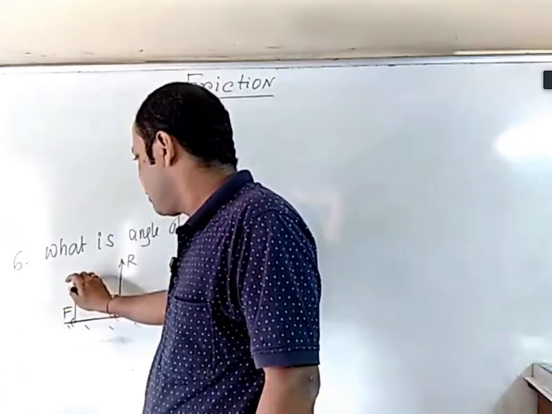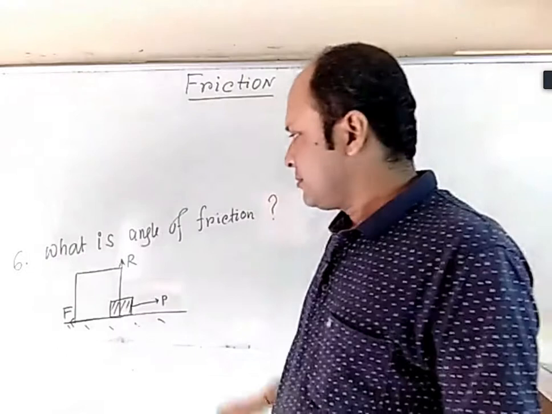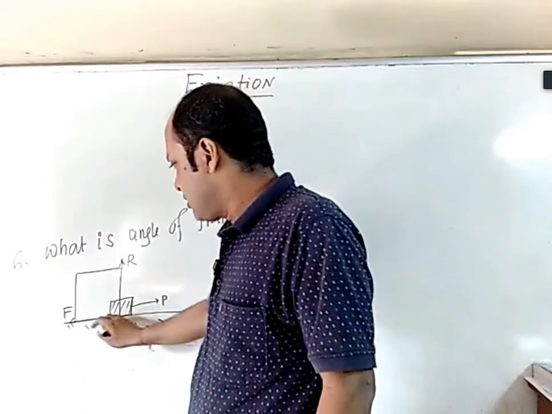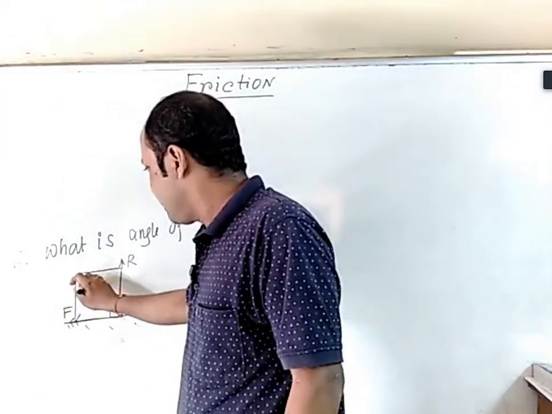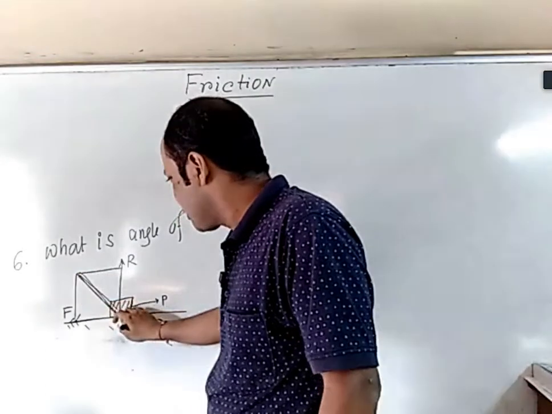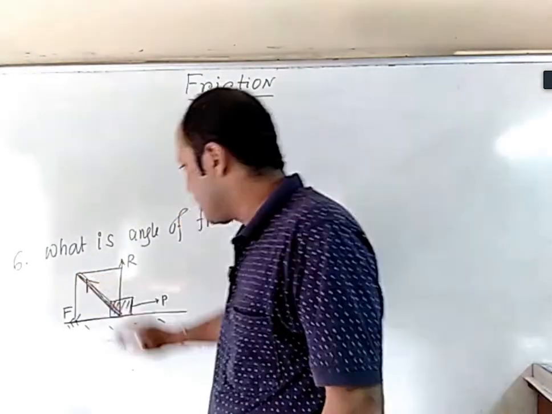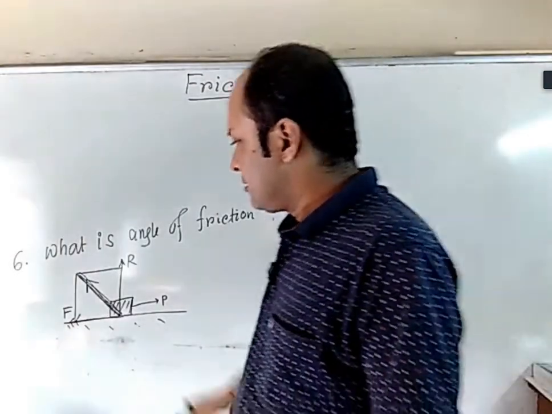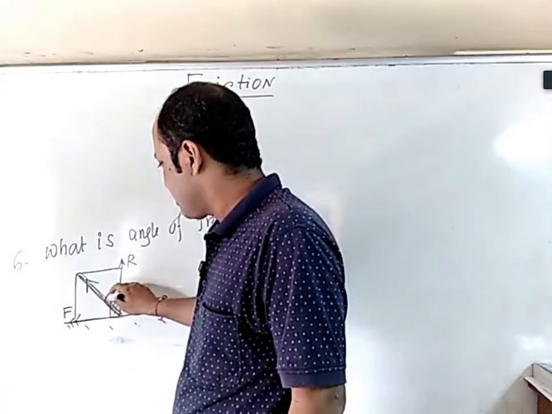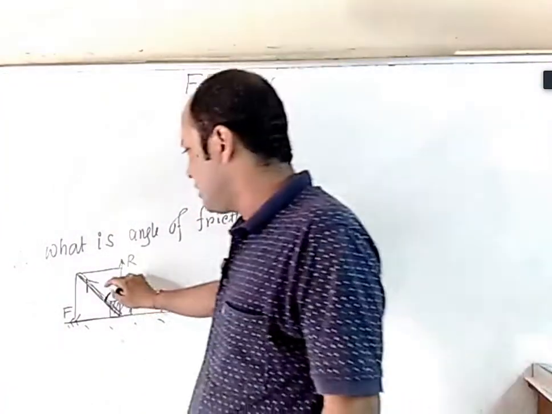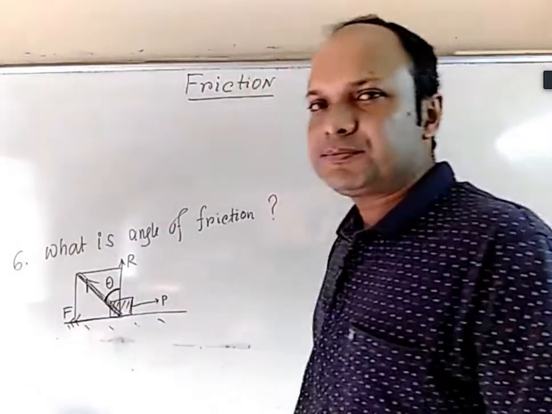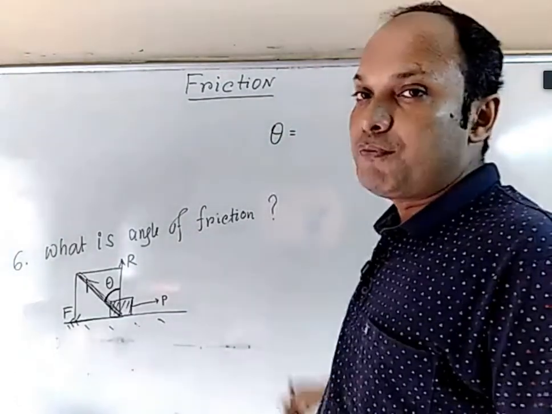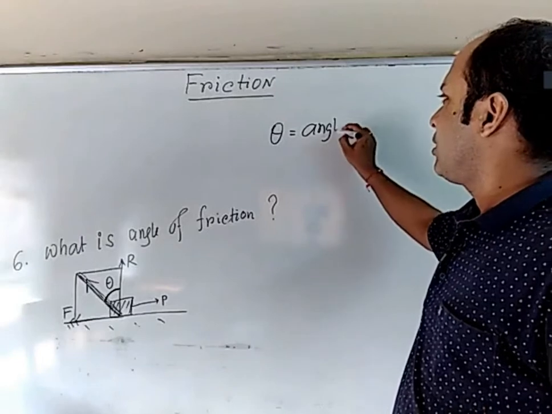If you draw a parallelogram, then the vector law will give you the resultant force along the diagonal. This resultant force makes an angle with the normal direction. That angle is called the angle of friction.